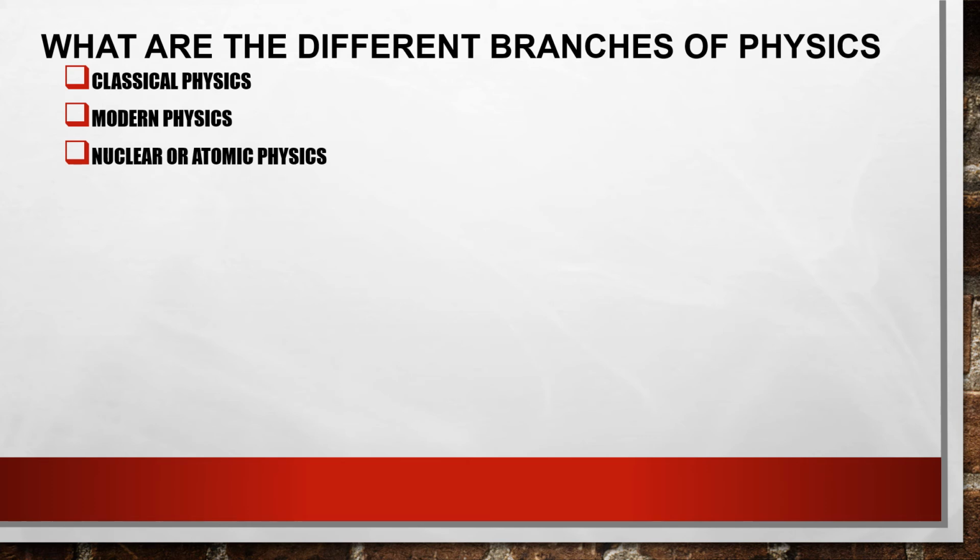Nuclear physics is a branch of physics concerned with the constituents, structure, behavior, and interactions of atomic nuclei. But atomic physics is concerned with the composition of the atom apart from the nucleus, primarily studying the behavior of electrons in the shells around the nucleus.